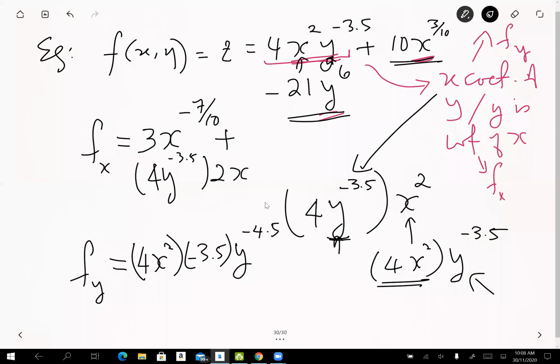So that is for the first term. All right. Now you have another term in y, so that is very easy. That is minus 21 multiplied by 6 y to the power of 5. And of course, some of the constant you can multiply out. Okay? Clear? Any question about that?